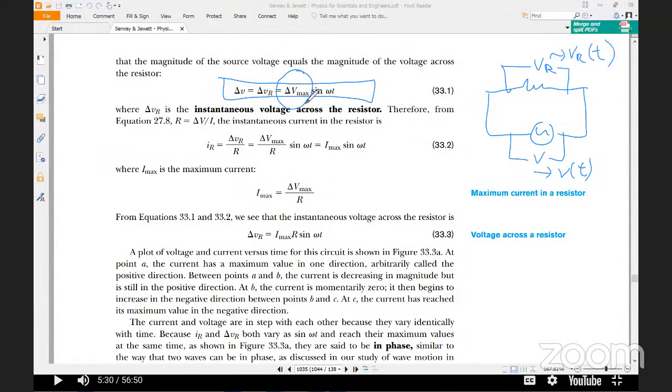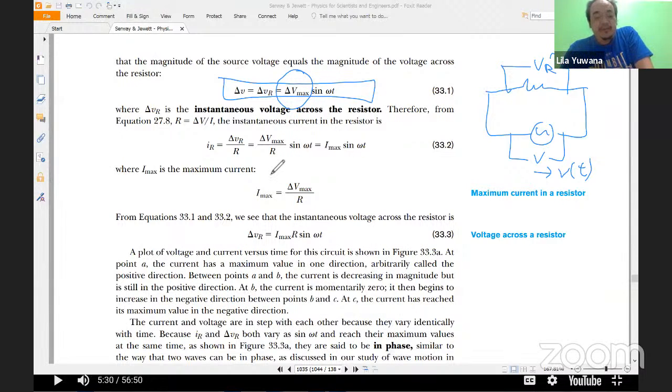Now we can express the current through the resistor as IR equals VR over R. So VR has the sinusoidal form like this one, and then divided by R. According to the law of Ohm, we get here delta V max over R is the maximum current.